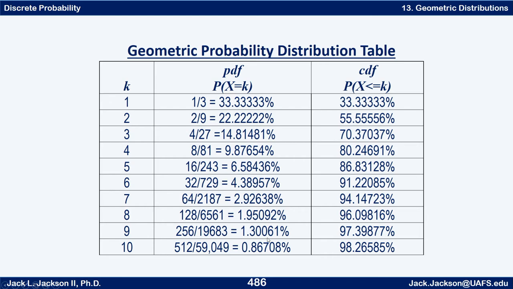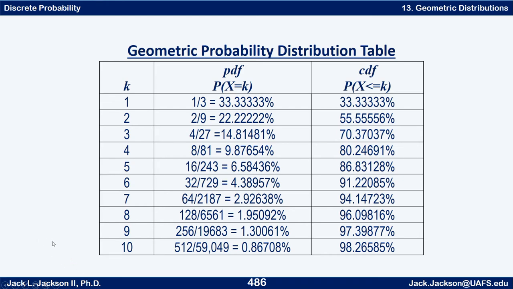Here are the decimal approximations, and here's the CDF worked out, at least approximately. Notice by the time we get to 10, we're up over 98% of the way there. It doesn't actually, in theory, ever get to 100% because the k's could go on forever. But we're pretty close to 100% already with only 10 values.